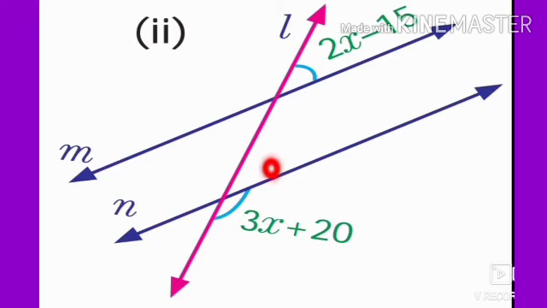So now we know that when two parallel lines are cut by a transversal, each pair of exterior angles that lie on the same side of the transversal are supplementary. So by using this condition, now we are going to find the value of x.